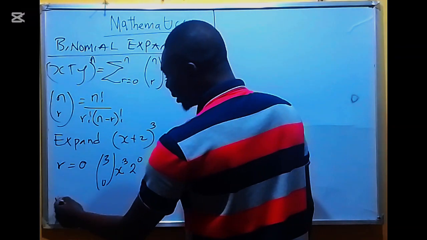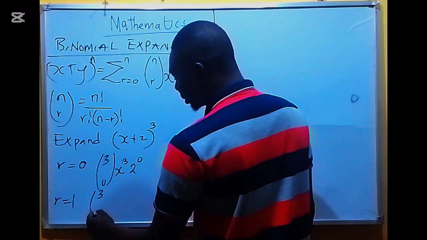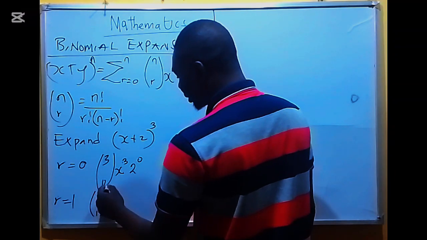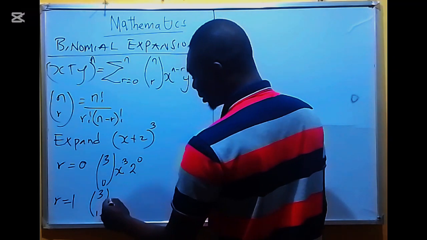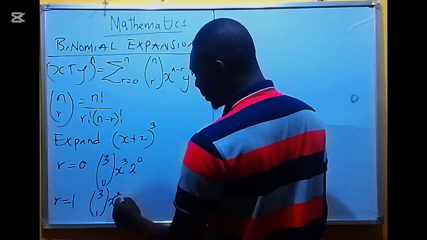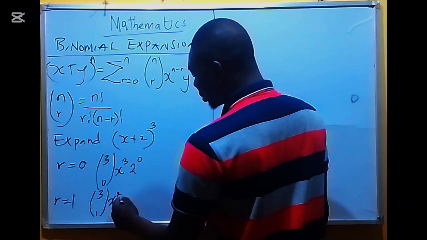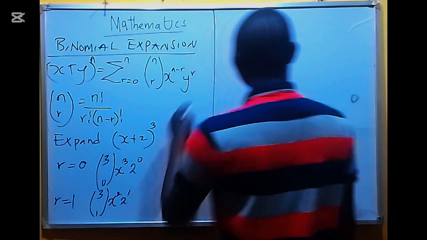Then if r is equal to 1, we have 3 combination 1. Then the power of x will decrease, and the power of 2 will increase.